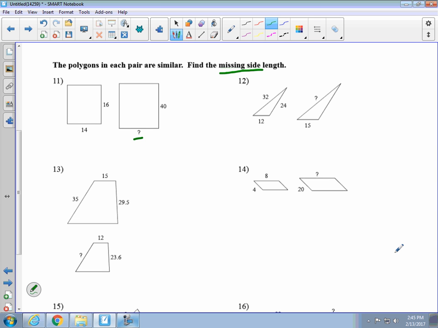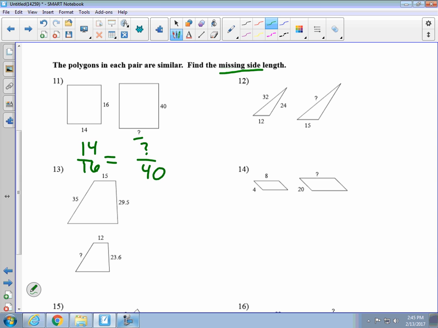In order to find the missing side given by the question mark you see underlined, we are going to create a proportion, which would look something like this. And if you chose to, you could put an X there where the question mark is.